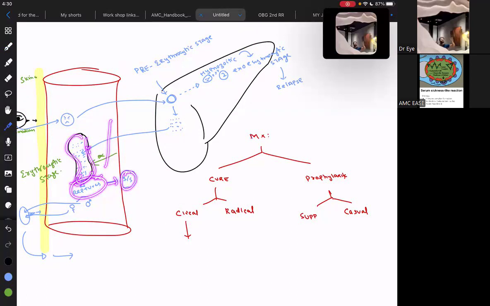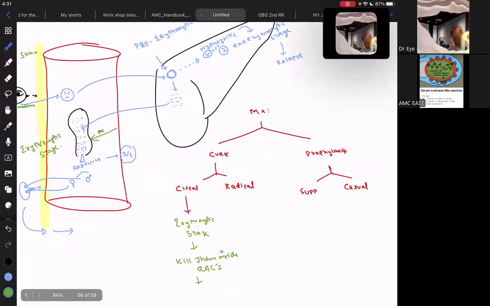So if we don't let this RBC rupture and kill all these plasmodiums inside this RBC, that can cure the patient and prevent the sign symptoms. So we need to target the erythrocytic stage, right? So we have to kill them inside RBCs, and eventually this stops the symptoms.